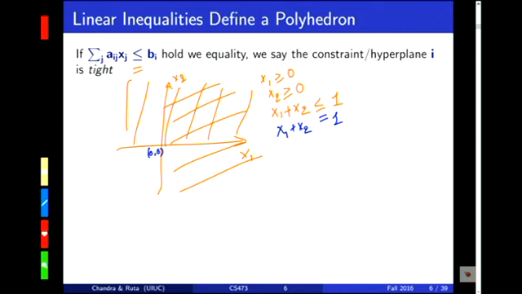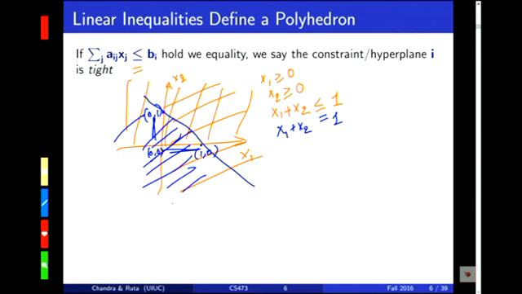So if you look at the 1, 0 point and here the 0, 1 point, this line passes through these 2 points. And when we say less than or equals, then this segment is feasible, all of this is feasible. So the intersection of the 3 forms the convex set through these 3 constraints.